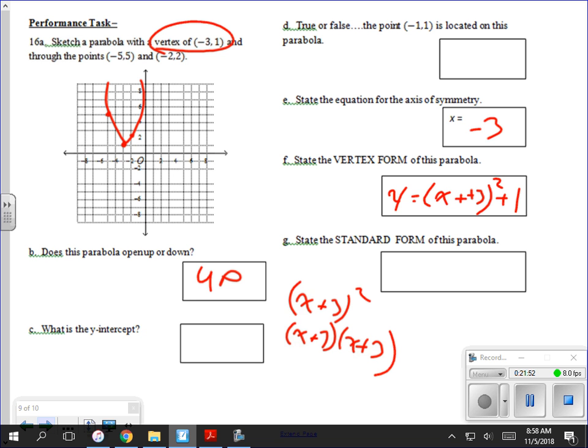You cannot distribute squaring across addition. This will give you x squared plus 6x plus 9. But I also have the plus 1, so I need to add 1 to that. So you get y equals x squared plus 6x plus 10.